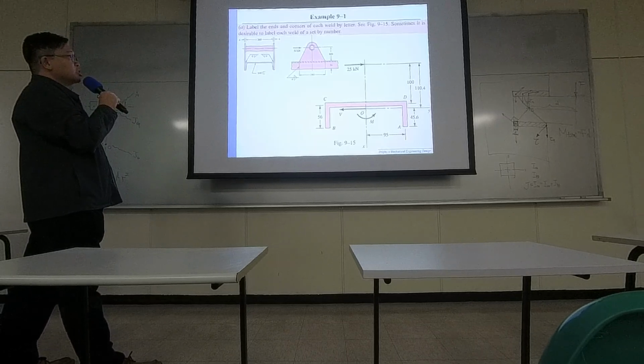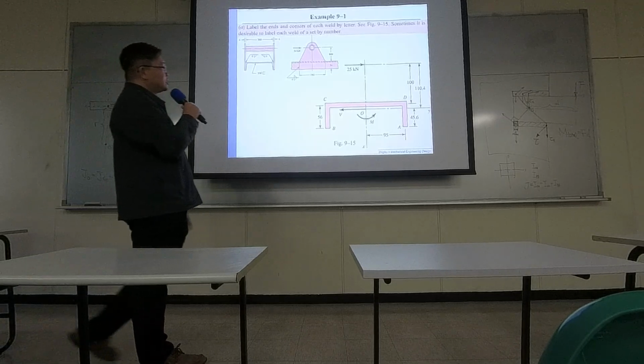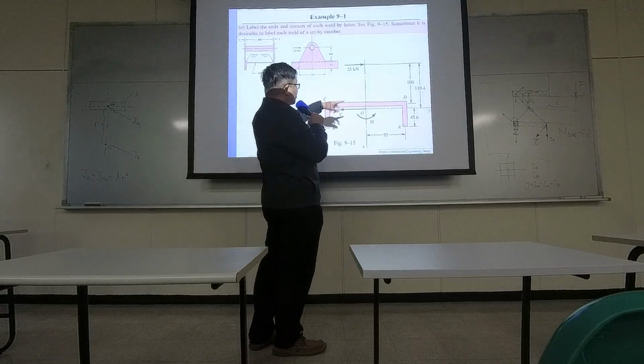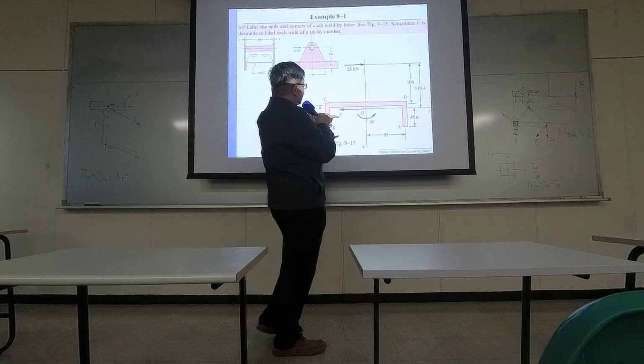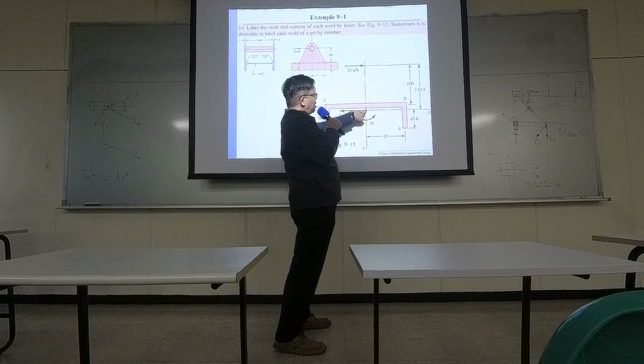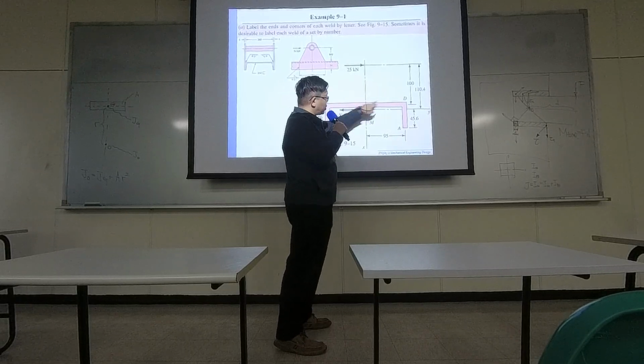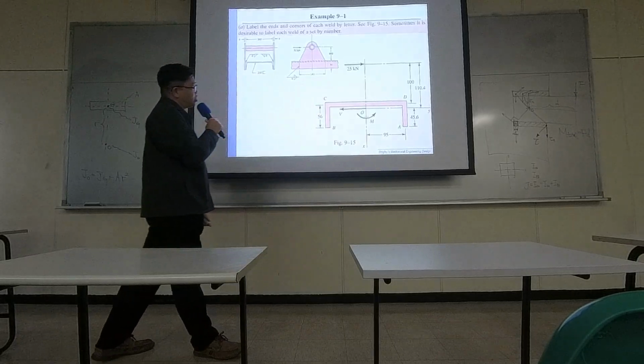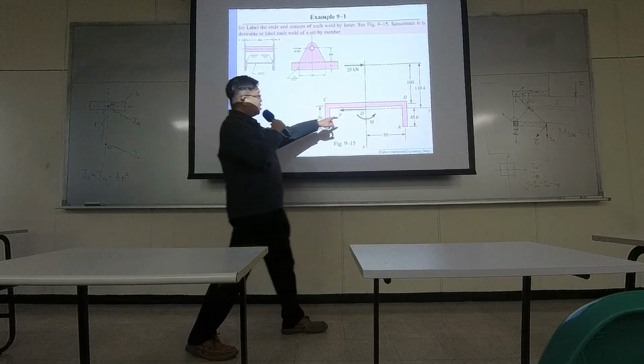Now, for this particular case, what you need to do is figure out the geometrical information, and here is where the center of this C-shaped welding material is going to be located.